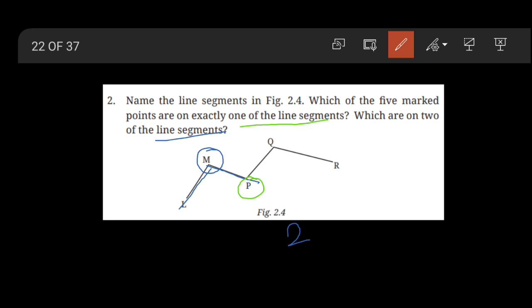Point P is on line segment MP as well as on line segment PQ, so it is also on 2 line segments. Point Q is also on line segment PQ and line segment QR, so Q is also on 2 line segments. But point L and point R are on only one line segment each, as L is on LM and R is on QR.